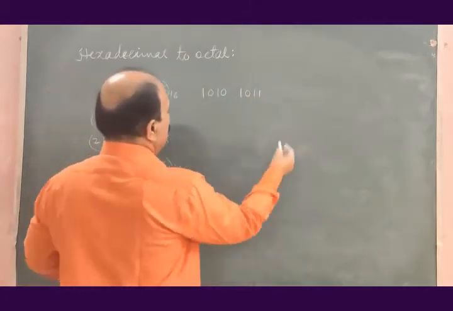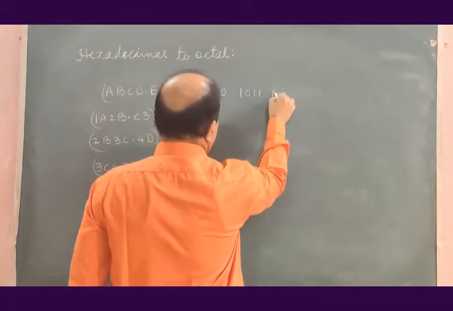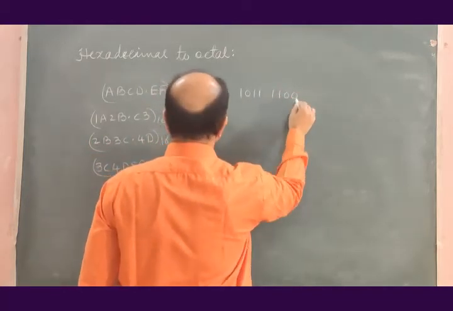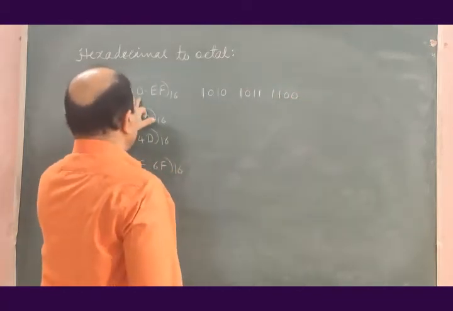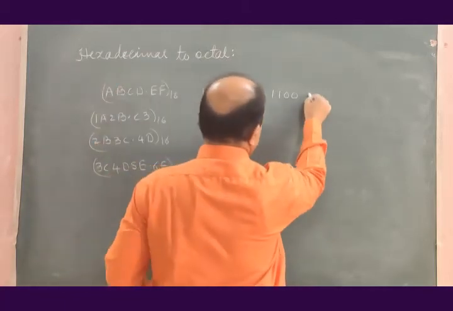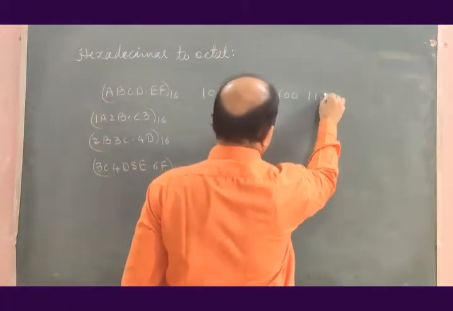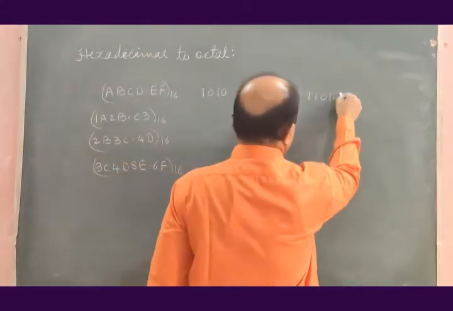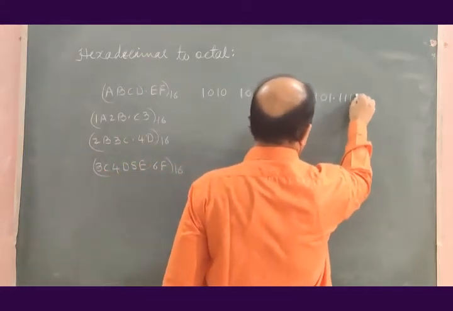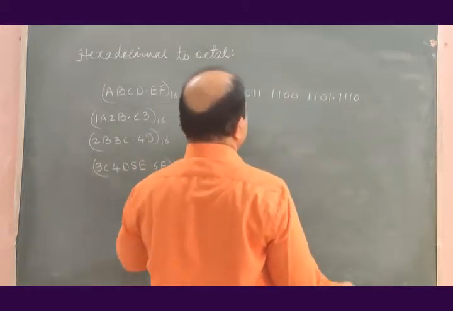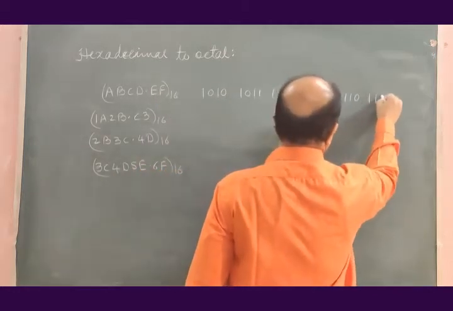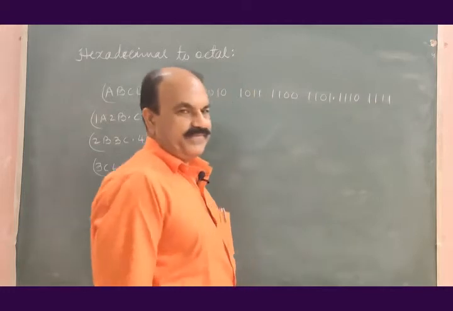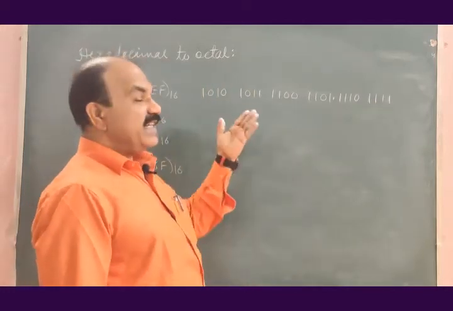C is 12, it is 1100. D is 13, it is 1101, then the binary point. E is 14, it is 1110. F is 15, it is 1111.